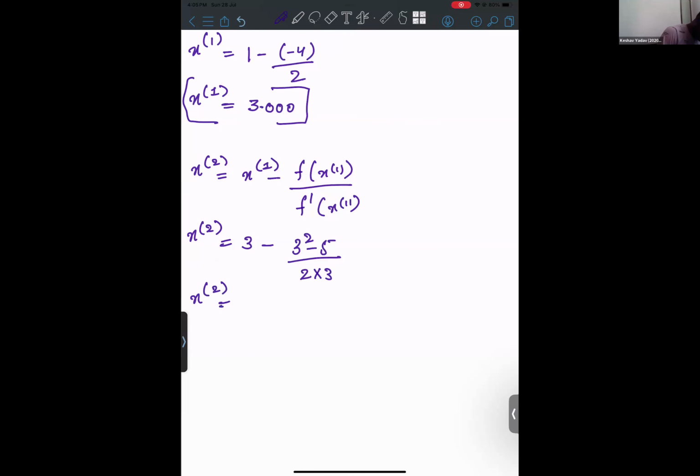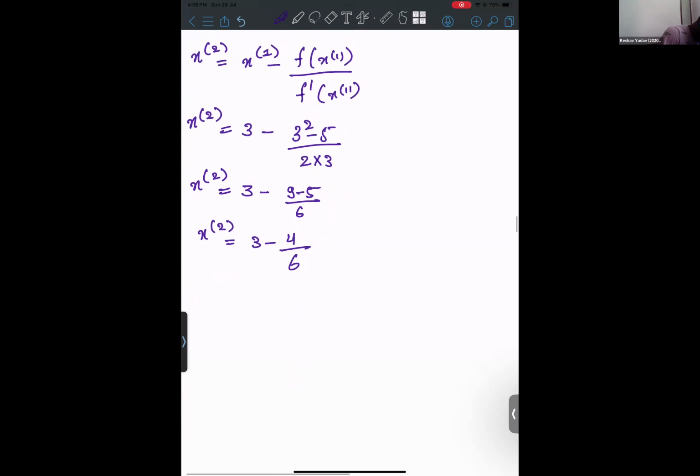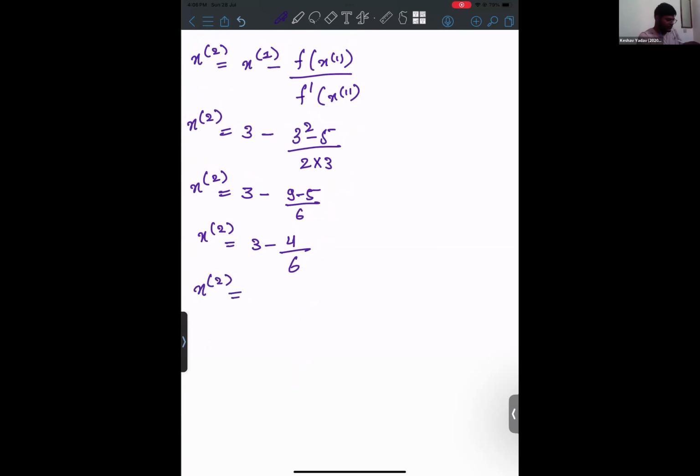So x at the second iteration will be 3 minus 9 minus 5 divided by 6, that is 3 minus 4 divided by 6. So x at the second iteration is 2 by 3. What will be the value of 2 by 3? So this comes as 2.333.